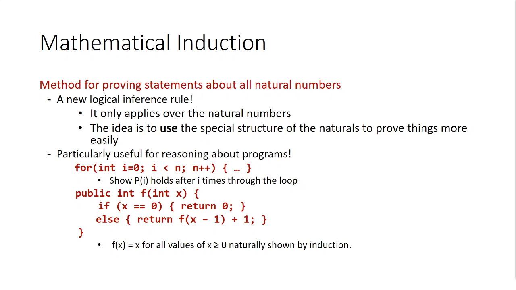And here is a function as well, which can produce Fibonacci numbers. So f of x is equal to x for all values of x greater than or equal to 0, which rule is shown by induction.